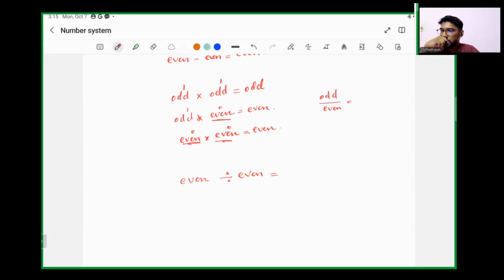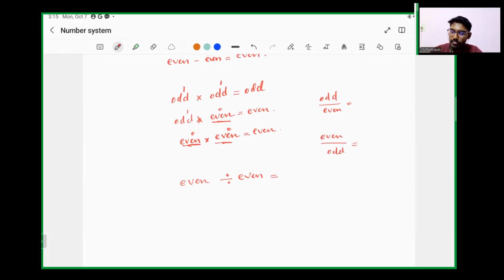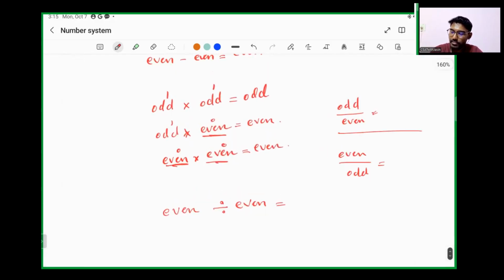Or even by odd? What about odd by even? I'll tell you an example here. Let's say 5 by 2. 5 is an odd number, 2 is an even number, 5 by 2. You cannot do it, right? You will not get a proper answer.